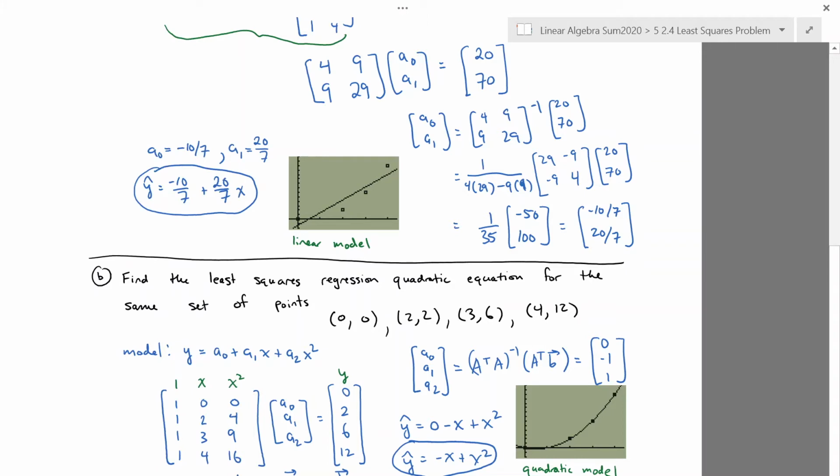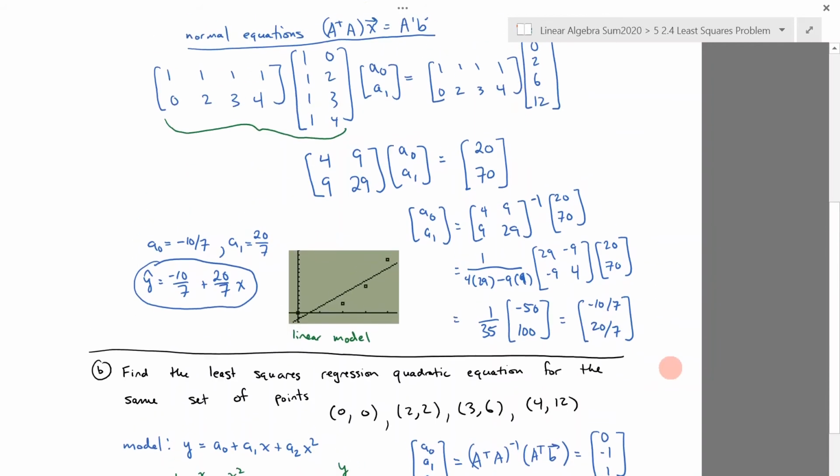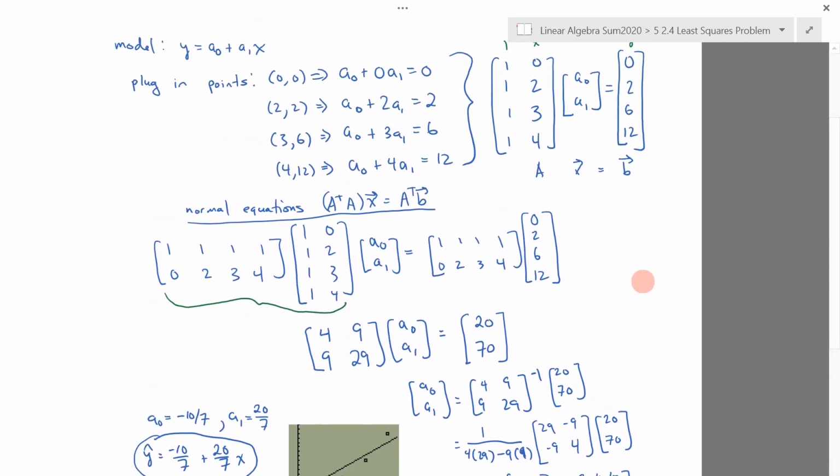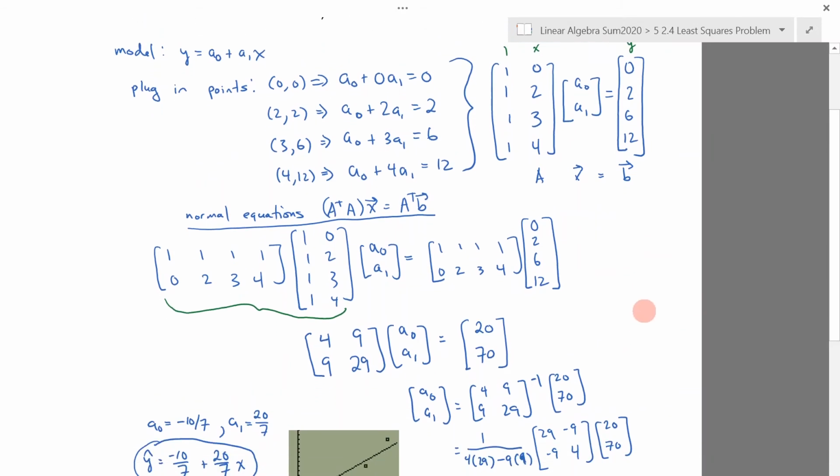So in the situation where this is actually a consistent system, the least squares method here produces the exact same answer as if you were to solve the consistent system directly. But when you have an inconsistent system, then you do want to use this method to find the regression coefficients.